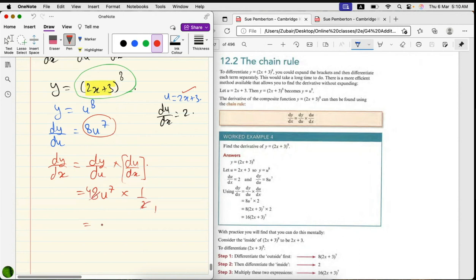So simply 2x plus 3, du over dx is 1/2, because that's a reciprocal. We have to take the reciprocal of dy over dx, du over dx.